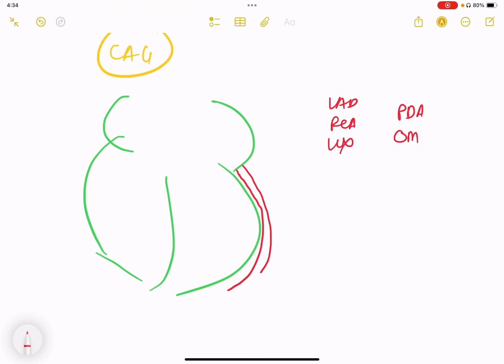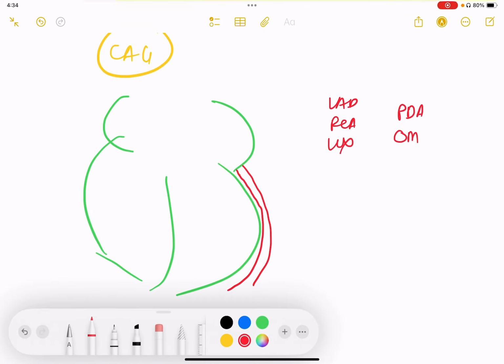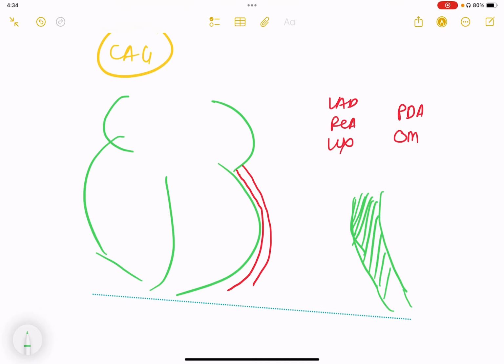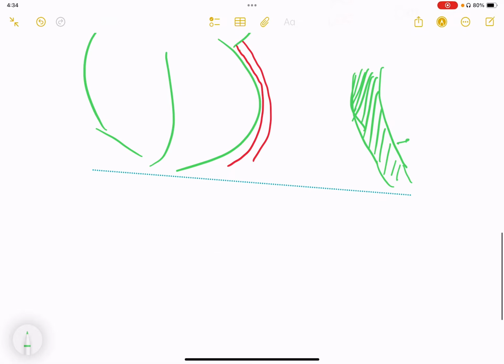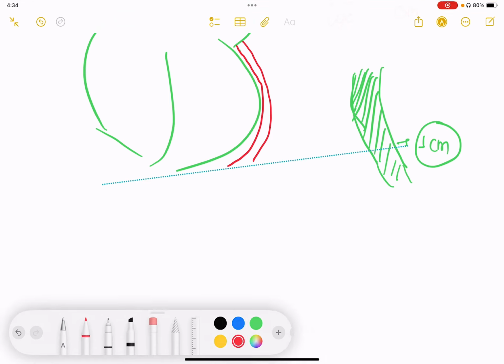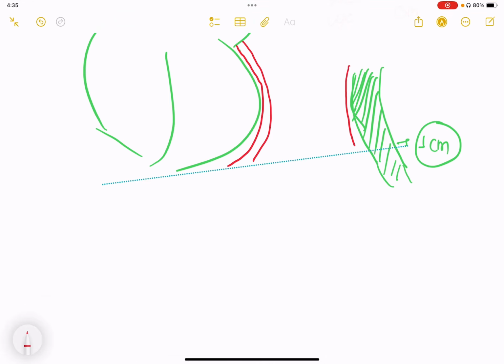What do you mean by epicardial? Suppose this is the left ventricular muscle mass, which is usually around 1 centimeter in thickness. Epicardial means the artery will be above that muscle.